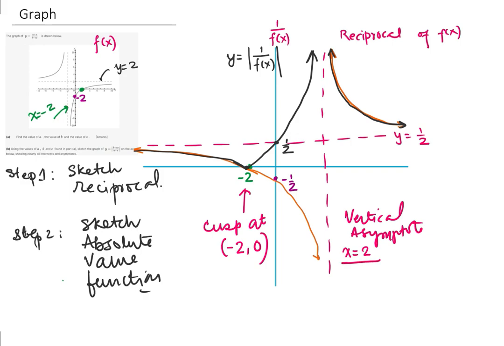And we have a horizontal asymptote at y equals half. Does make sense? And that's the end behavior. Do you see that? So here it is approaching, this is a horizontal asymptote. y equals half. Perfect.